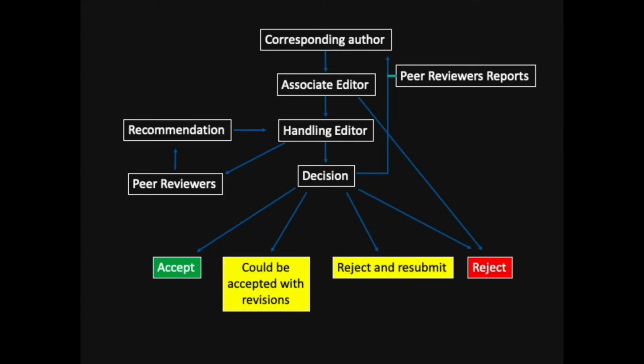Now, if you get one of these decisions that allows you to resubmit, so a reject and resubmit, or it could be accepted with revisions, now's your chance to address the peer reviewers' reports. So those reports came back to the corresponding author. That author will share it with the rest of the co-authors.